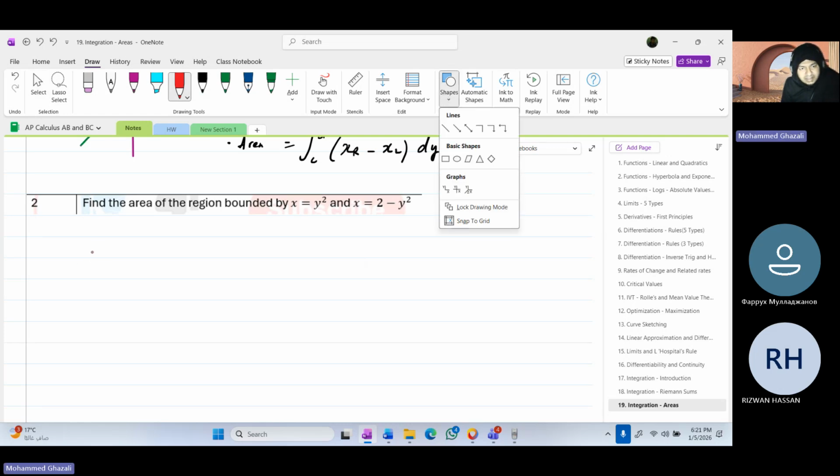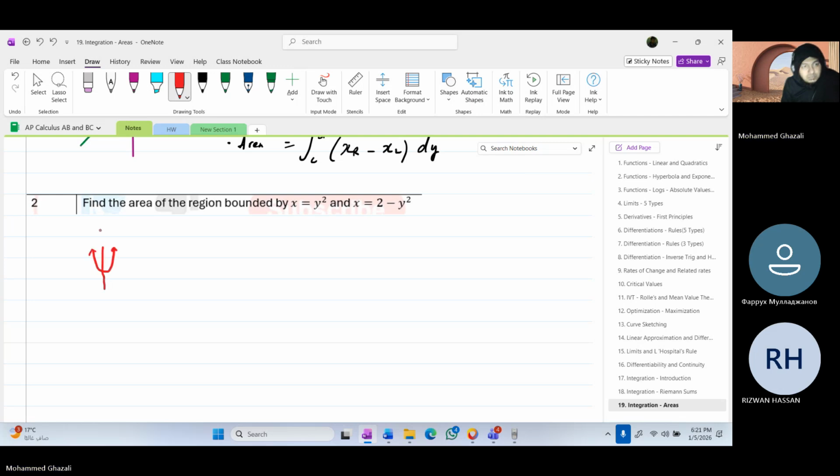Remember, if I have a function like this going through 0, 0, this is y equals x squared. Going down, y is equal to negative x squared. Basic curves. Now, what about the sideways curves?